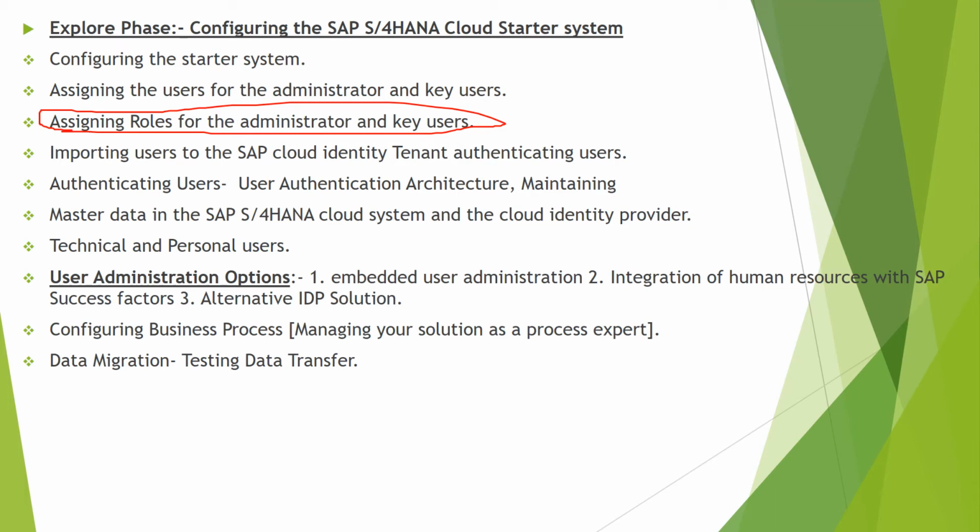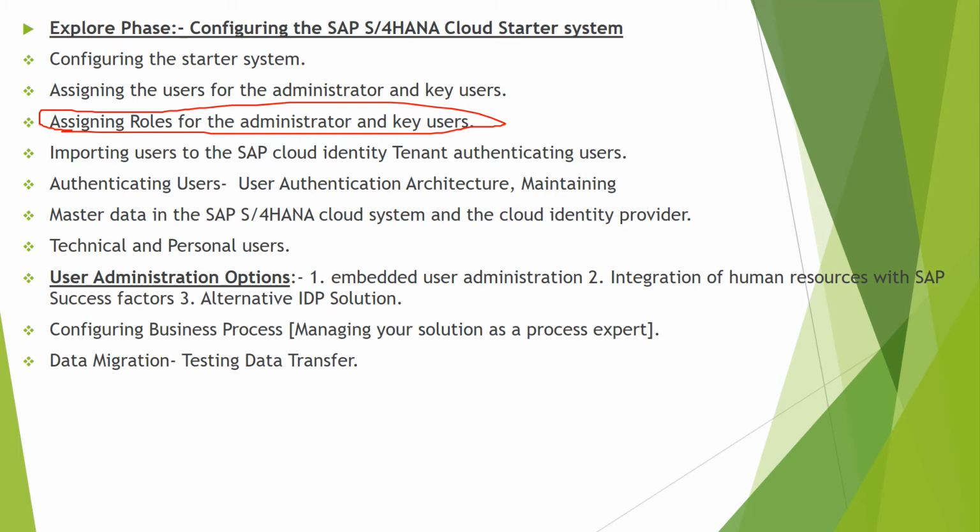Okay, and then assigning roles for the administrator and the key users. So in this step you must assign an administrator role to the administration user, and a key user role.